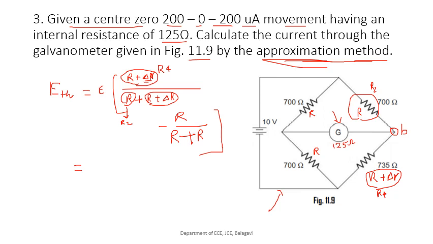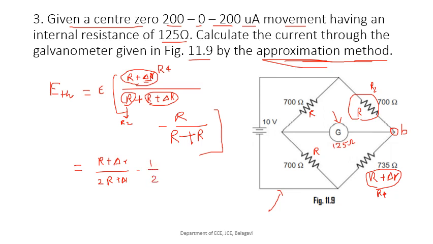Okay, R divided by R plus R will become 1 by 2, and this delta R we can simplify. So now you will get (R plus delta R) divided by (2R plus delta R), minus 1 by 2.